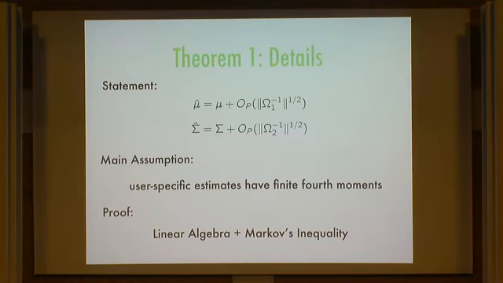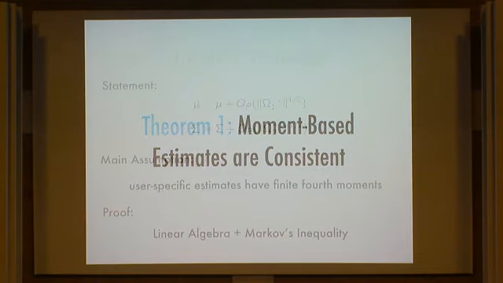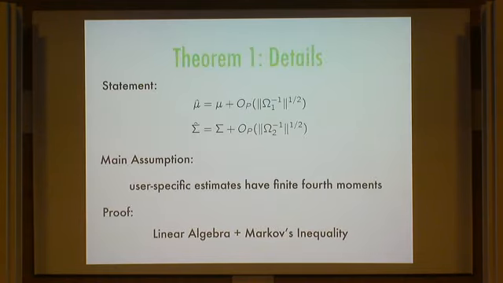Okay, I'm going to talk about the population parameters. The first result is that these estimates are consistent. There's a whole long line of technical conditions, but basically, if the user-specific estimates have finite fourth moments, you don't need to assume normality of anything.